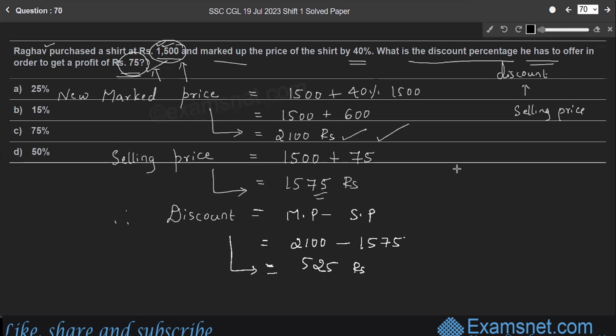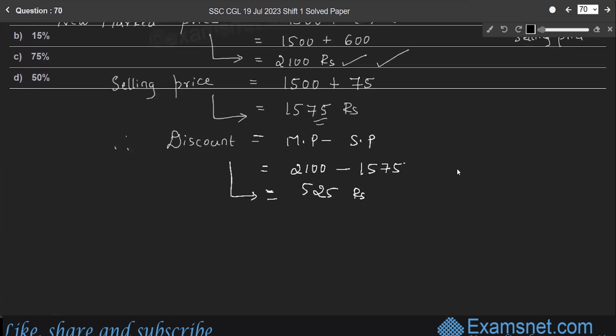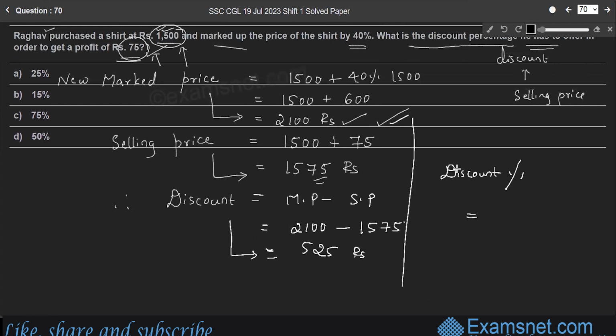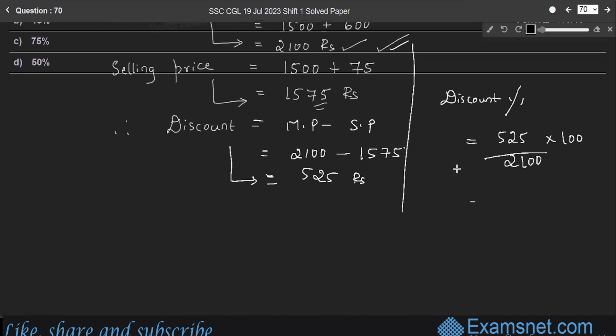Therefore, what is the discount percentage he is going to give? Discount percentage always depends on market price. So for 2,100 market price, he is going to give 525 discount. Therefore, for 100 market price, what is the discount percentage he is going to give?